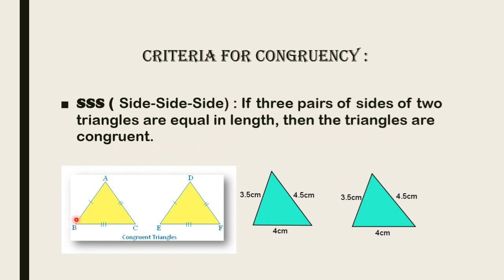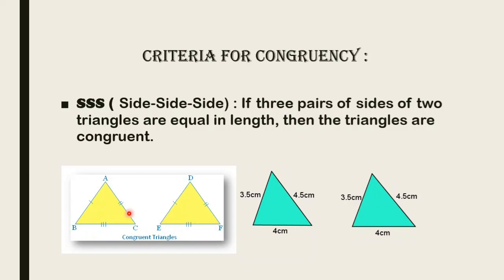We can see it with this example: triangle ABC is congruent to triangle DEF, with AB equal to its corresponding side DE, AC equal to DF, and BC equal to EF.